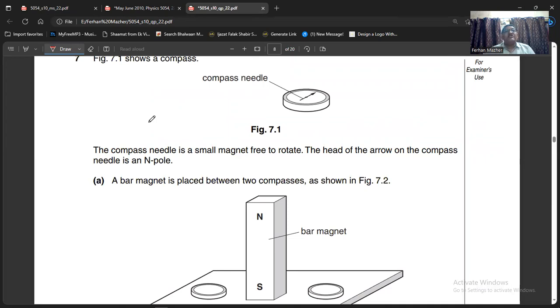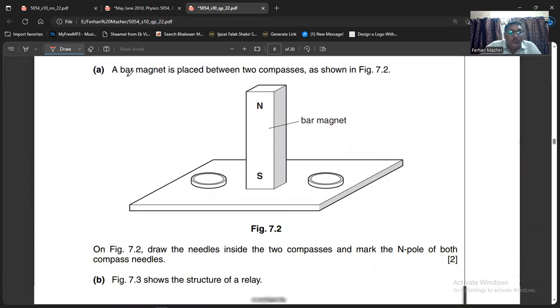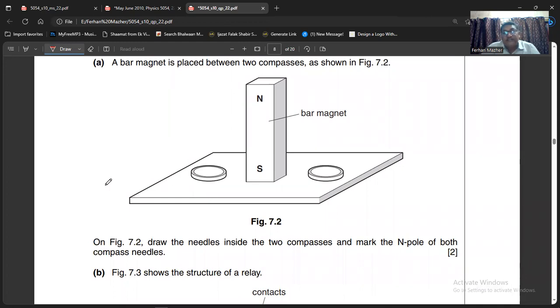A bar magnet is placed between two compasses as shown in figure 7.2. On figure 7.2, draw the needles inside the two compasses and mark the north pole of both compass needles. Okay, because the compass needle always aligns itself with the magnetic lines, the magnetic lines here will be going towards the south.